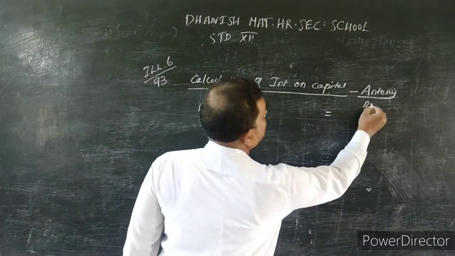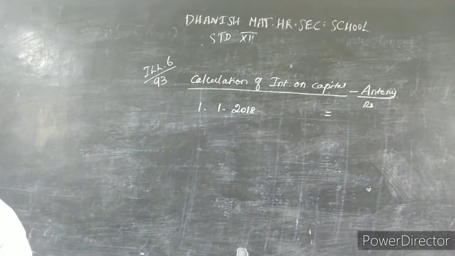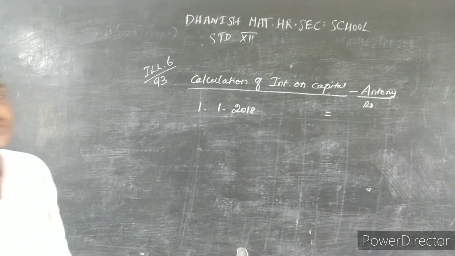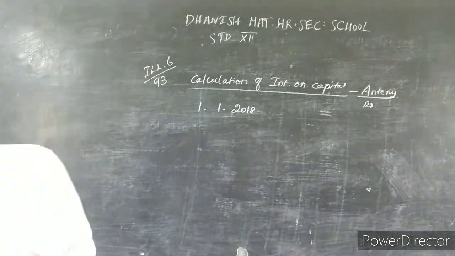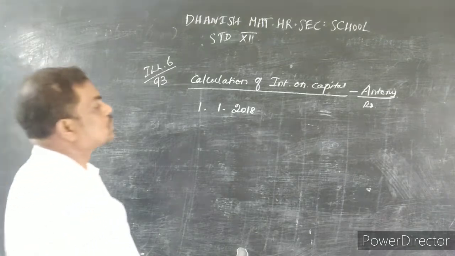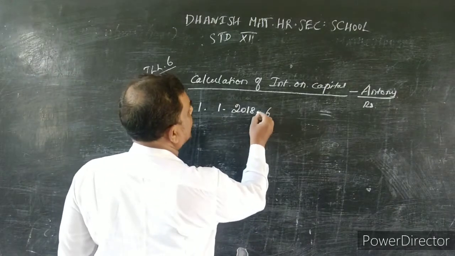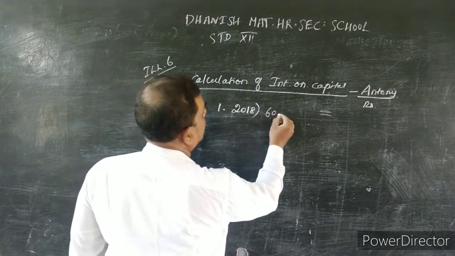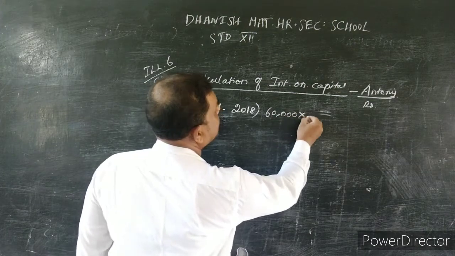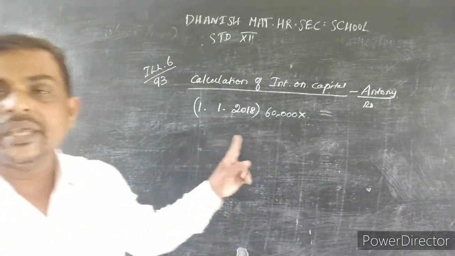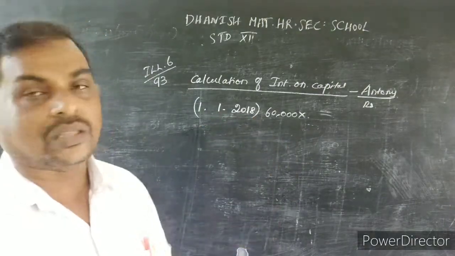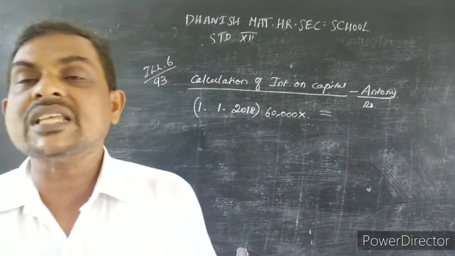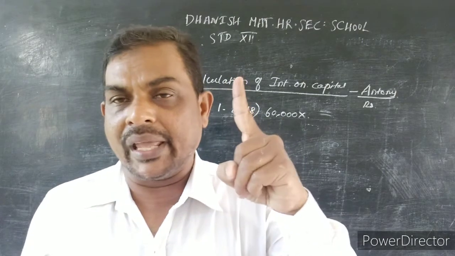On 1st January 2018, Antony's account shows how much capital? Rupees 60,000. So at the beginning of the year itself he contributed capital of 60,000. Usually the interest will be calculated for 1 year.